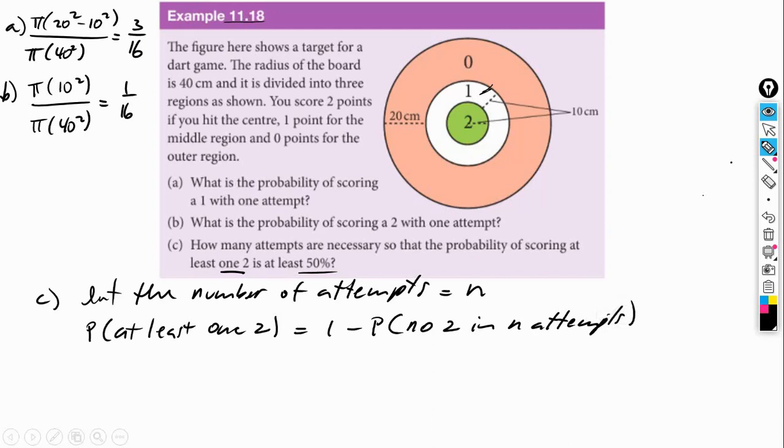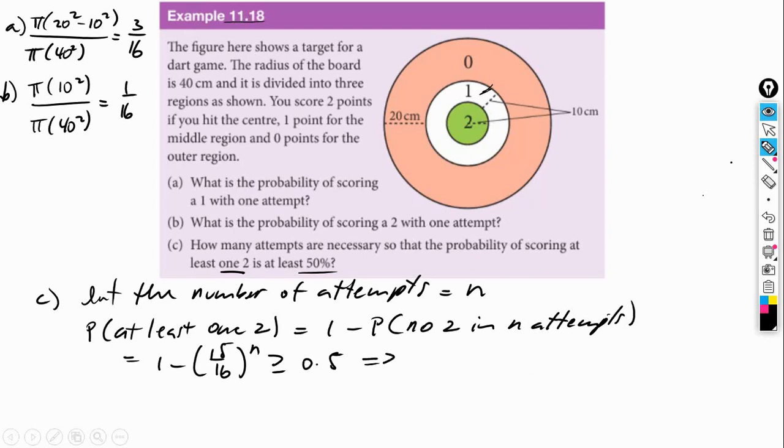So this is going to be 1 minus 15 over 16, because it's the complement of 1 2, and this is no 2. So this to the power of n. And then it says that this probability has to be at least 50%. So that means that this has to be greater than or equal to 0.5.